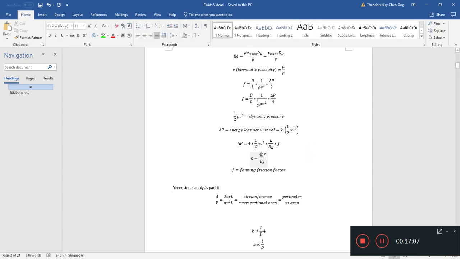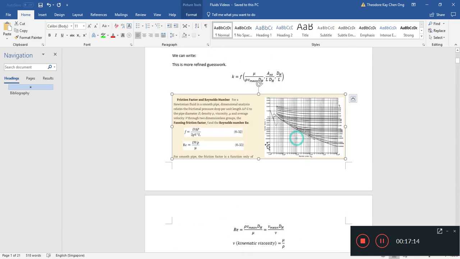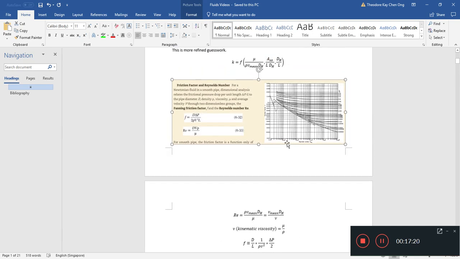So this is the eventual correlation we come up with for pipes. And for this graph specifically, it's a circular pipe. So of course, if you want to estimate the friction factor for other pipes, you can just plug in the hydraulic mean diameter. Of course, there'll be some errors, but this is a good estimate to help us get started if we don't have any other kind of data.